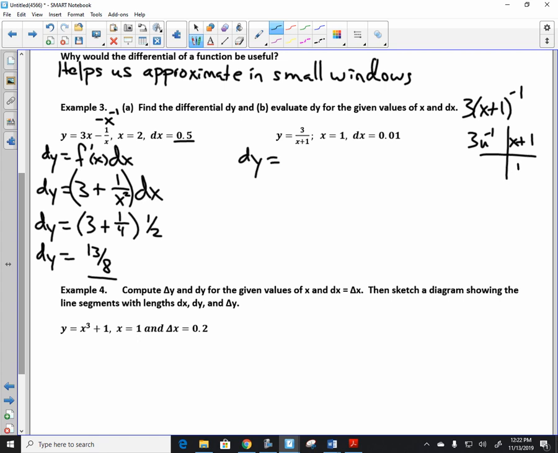What's the derivative of 3u to the negative 1? Negative 3 over u squared. So I get negative 3 over x plus 1 quantity squared dx. What do I plug in for x? 1. So dy is equal to negative 3 over 4 times dx, which is 1 over 100. I'm thinking negative 3 over 400.